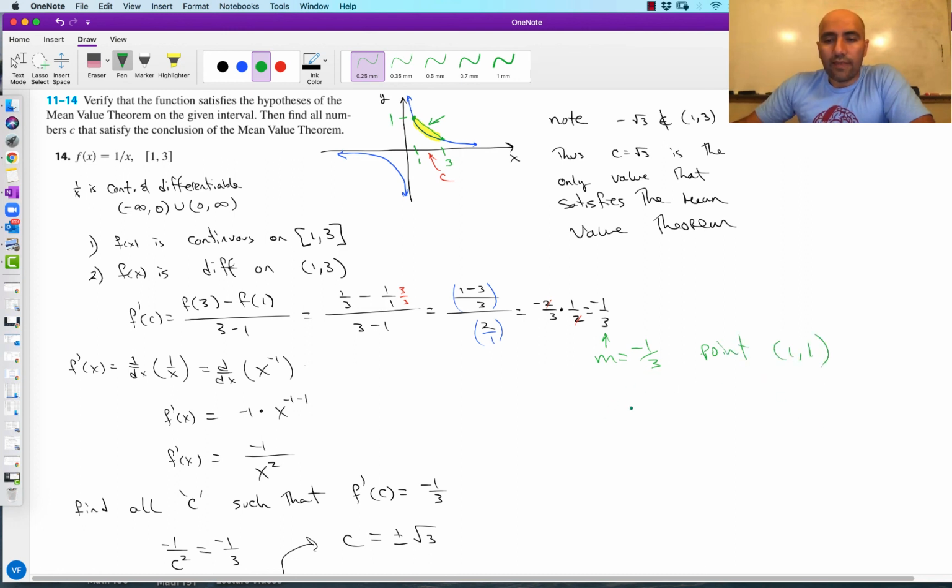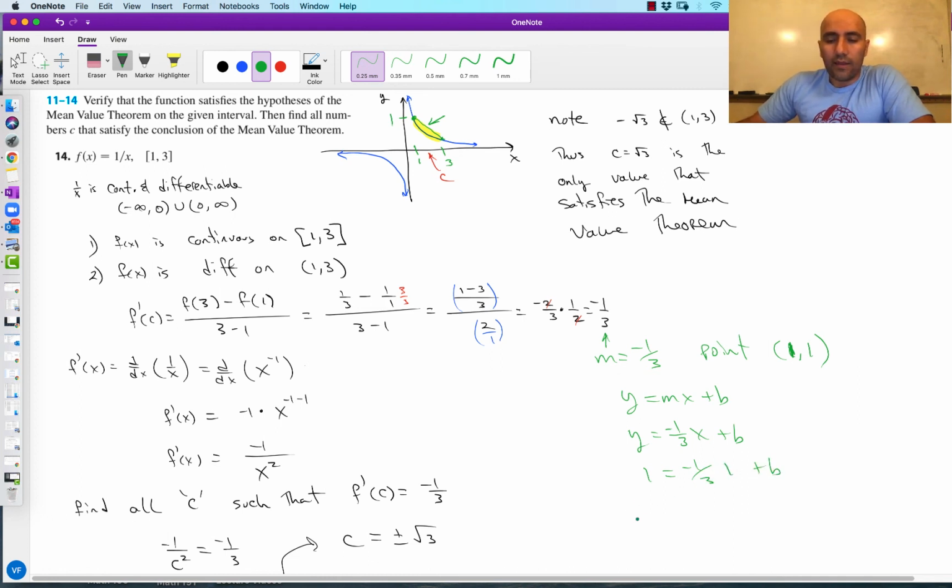If I find that equation, it's going to be y equals mx plus b. The m is negative 1/3, so y equals negative 1/3 x plus b. If I use this as my x and y, I get y equals negative 1/3 times 1 plus b.